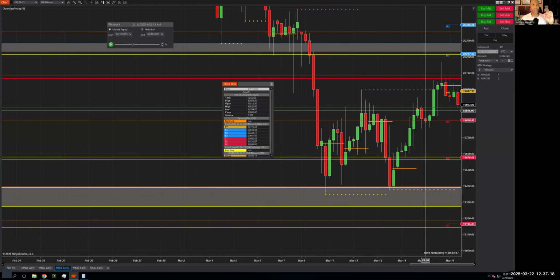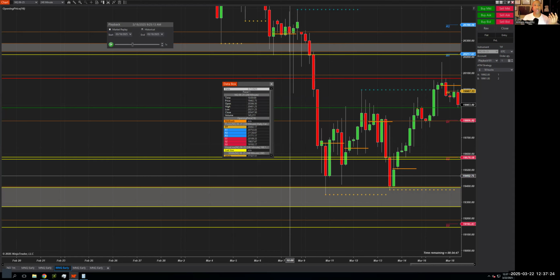That's why every level that I mark, I have it color coded. So if I'm on a 5 minute chart and I see a brown line, I know that's a 4 hour level. I don't have to keep swapping back and forth from 1 hour, 4 hour, daily chart. On that 5 minute chart, I can see brown is a 4 hour, yellow is a 1 hour, and a white line is a daily level.